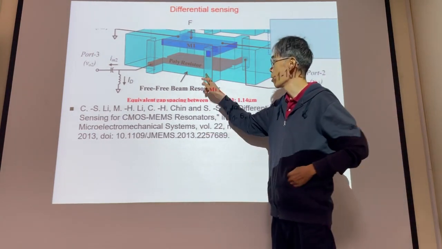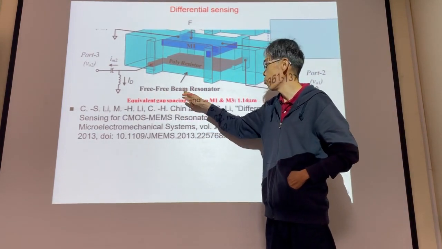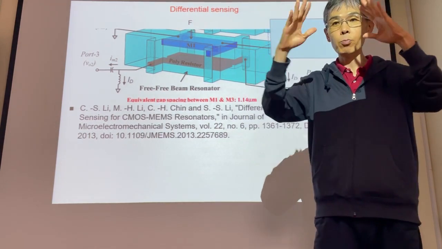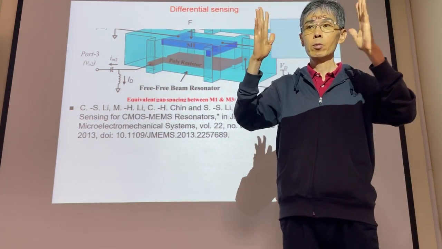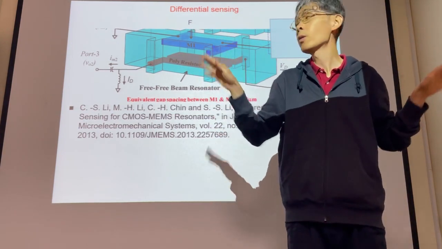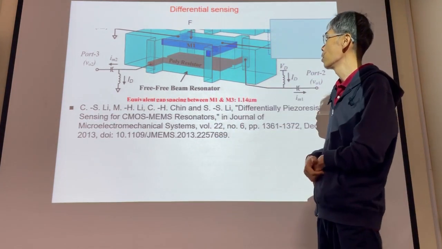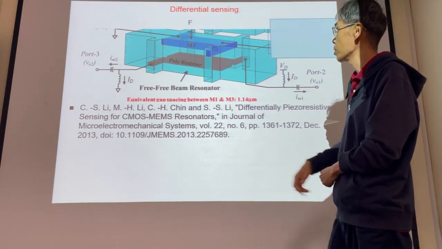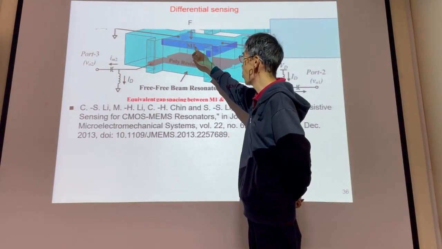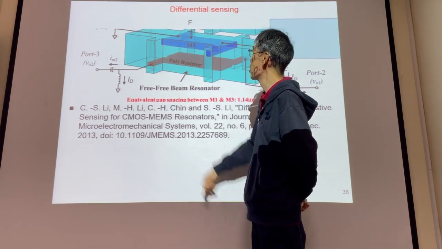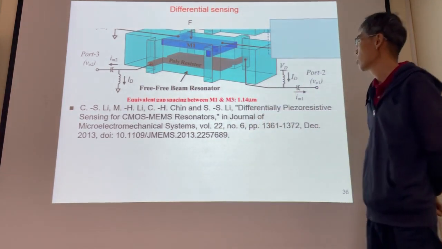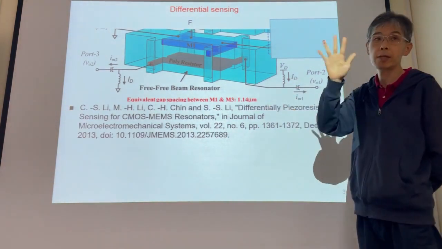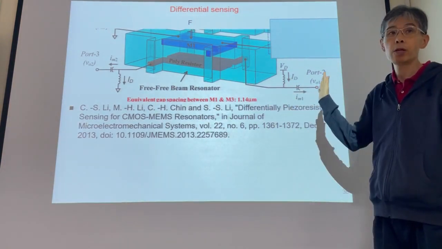So we call this a free beam resonator. You apply an AC signal, and the beam will vibrate. Just vibrate, like this one. And this is, say, one metal layer. So if you put a DC signal and you don't put an AC signal, nothing will happen.